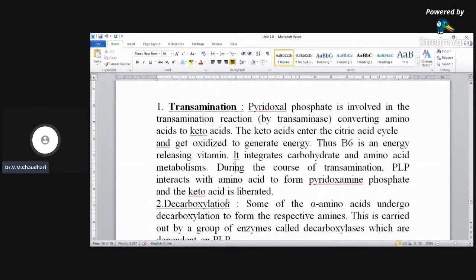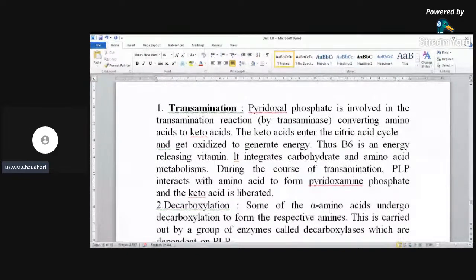Amino acid 1 plus keto acid are converted to each other: amino acid is converted to keto acid and keto acid is converted to amino acid.